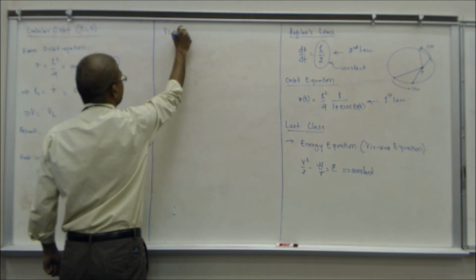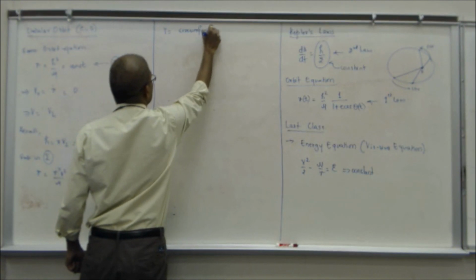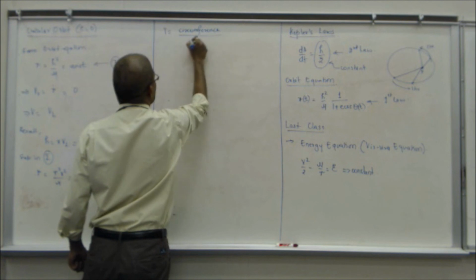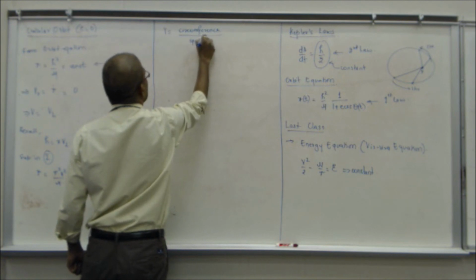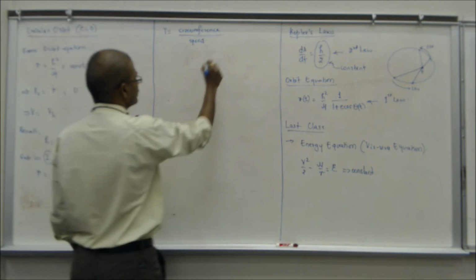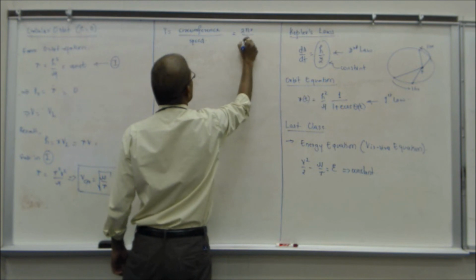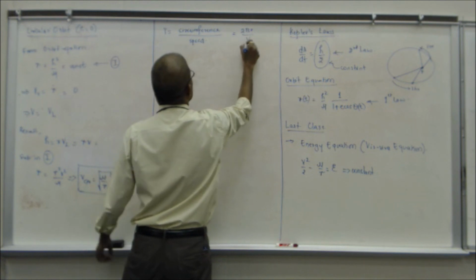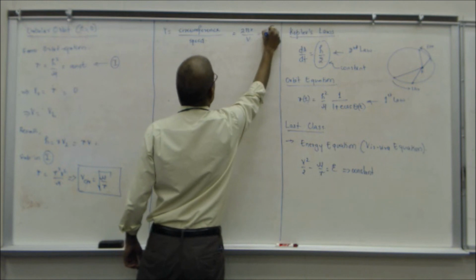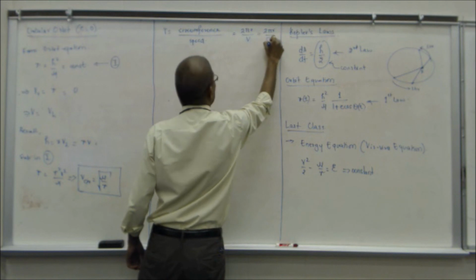You can say it is circumference over speed. So this is 2 pi r over v, which is equal to 2 pi r over root of mu over r.